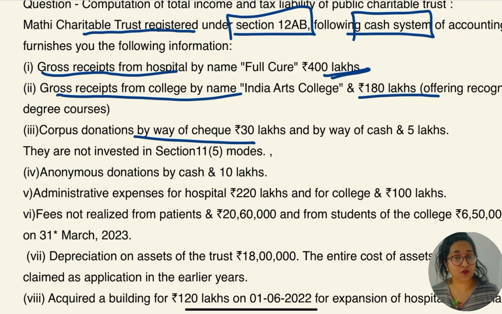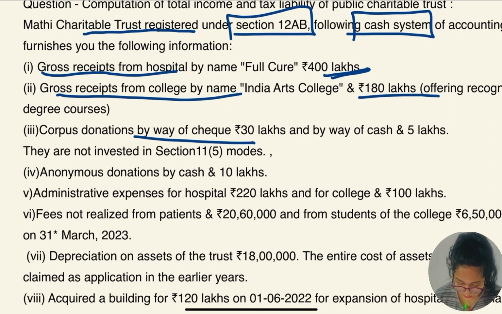Corpus donation is going to be exempt, remember, only if it is deposited in the specified mode under section 11 subsection 5. If the amount is deposited in the specified way, in that case the corpus donation is going to be exempt, otherwise taxable fully, whether the donation is made in check or cash.